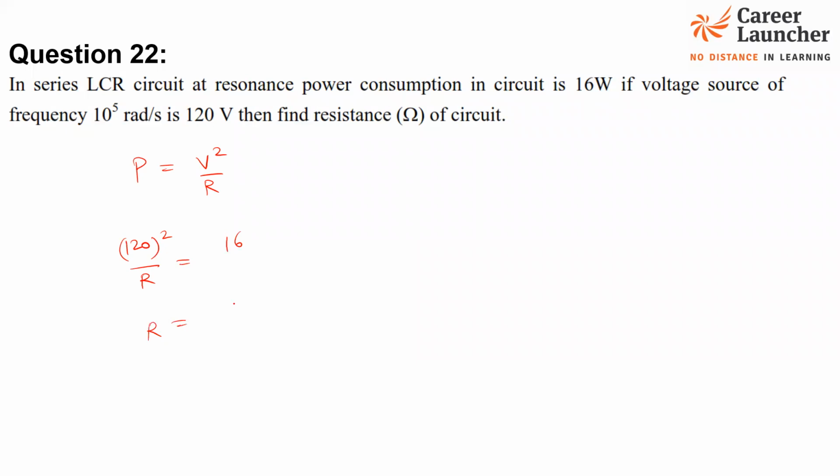R would be 120 into 120 upon 4 into 4, which should be 30 into 30, which is 900 ohms. The answer should be 900 ohms.